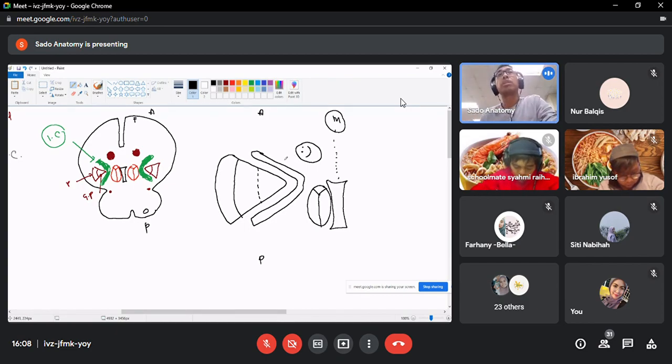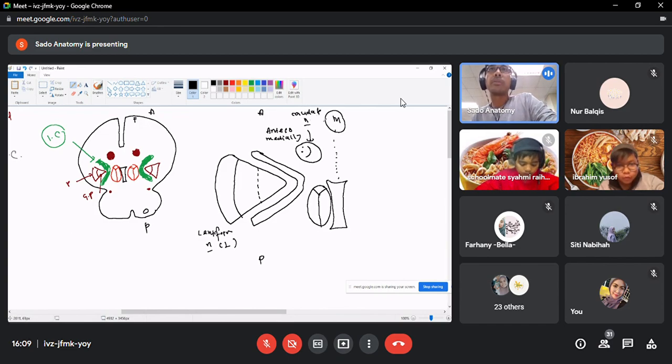So when you want to explain the position of the internal capsule, listen carefully. Your internal capsule basically is located in between, number one, the lentiform nucleus sitting laterally, and also anteromedially you can see the caudate nucleus.